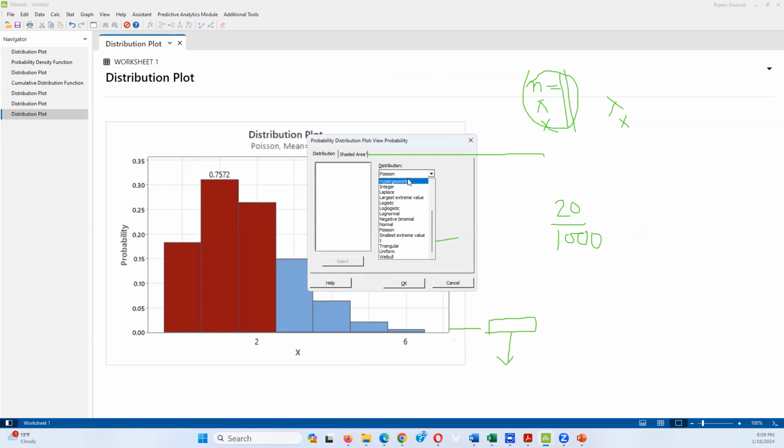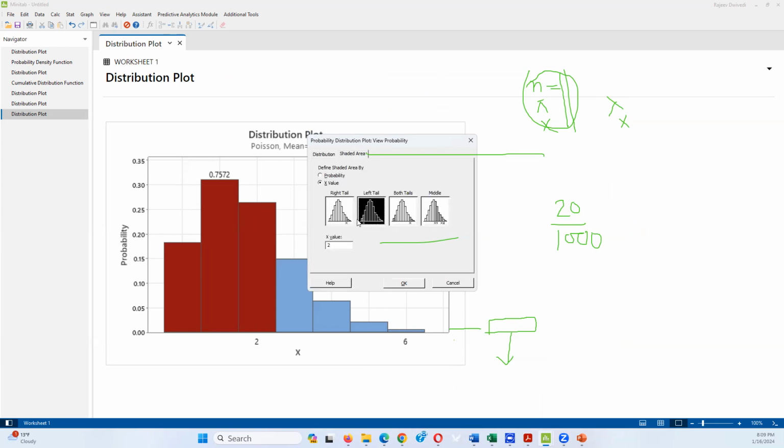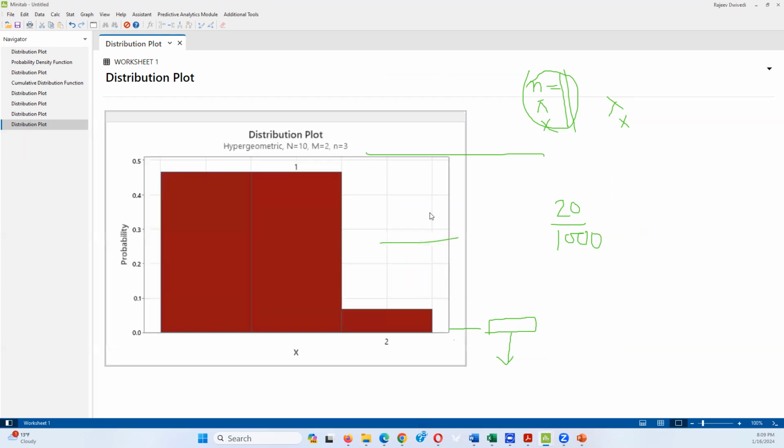Here you can use the hypergeometric. Population size is 10. 2 events are counted, 2 are defective, sample size is 3. And now for the shaded area, you can use this because you can get the same value.